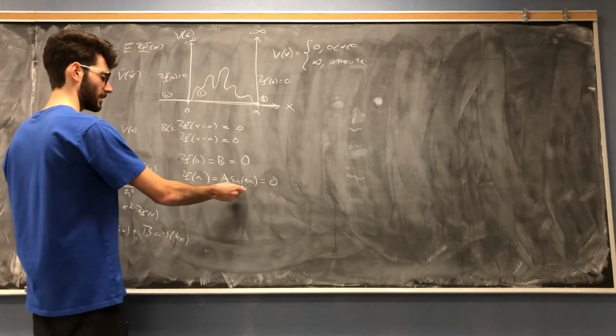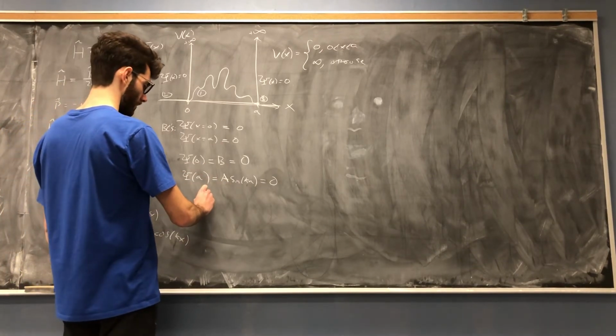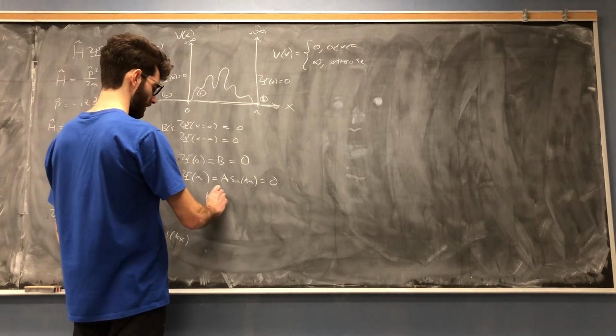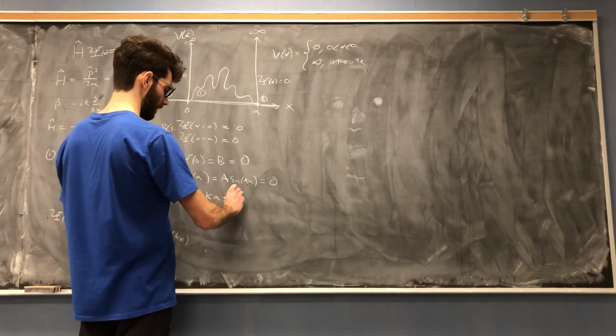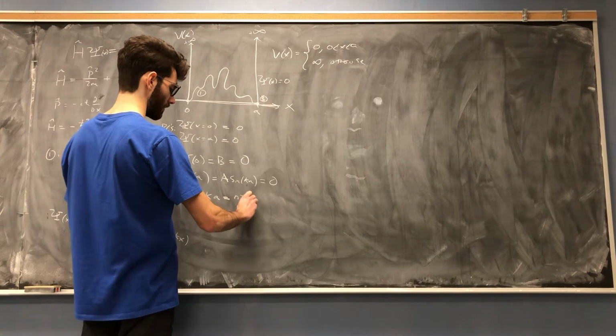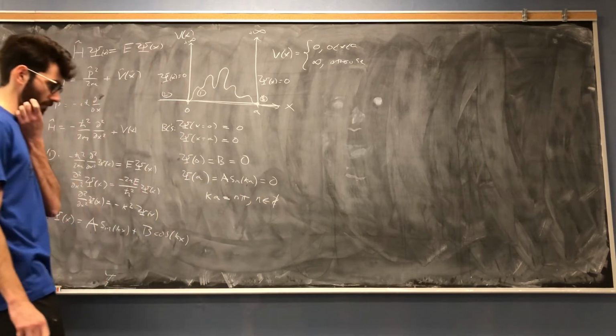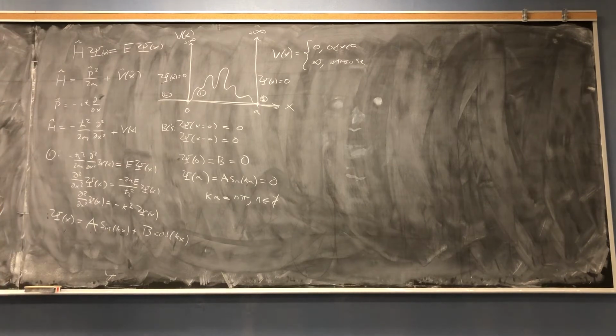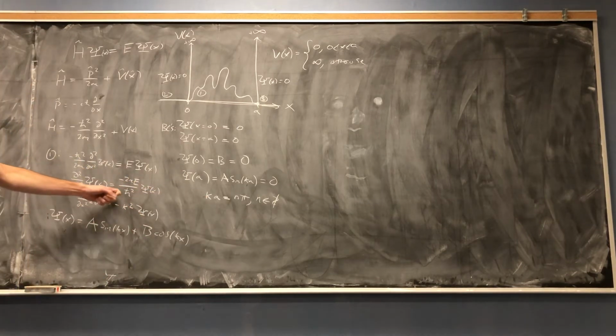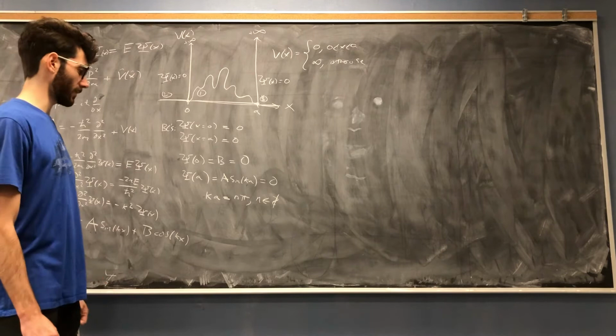So essentially what this condition is telling us is that we have k times a must equal n times pi, where n is some integer. So let's think a little bit more about what this is telling us. So remember, k is defined as, it's related to these coefficients here. So let me plug those back in and see what we find.